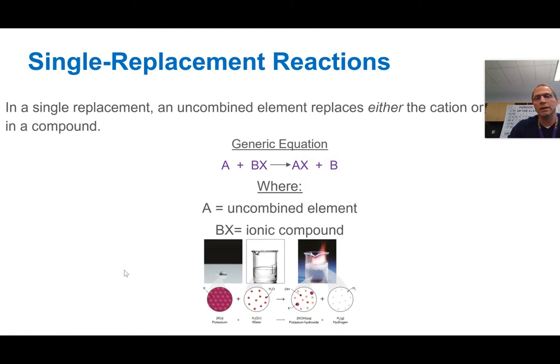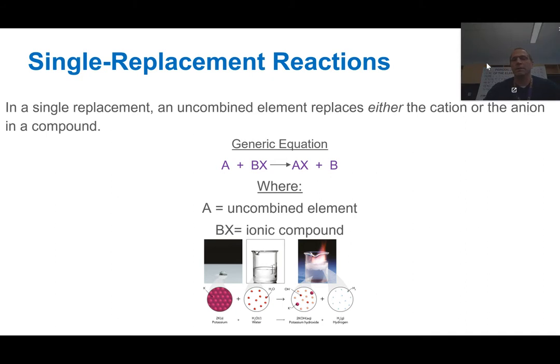All right, so here is what the ABX equation looks like. I know they use C's in your workbook, but what happens with a single replacement is an uncombined element, whether it's a diatomic gas or a metal, can replace the other cation and creates a new compound.